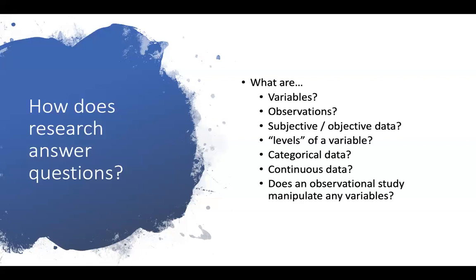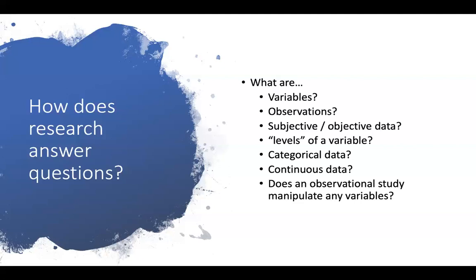That's a manipulated variable. In other words, the researcher, the person who's doing the study, is manipulating the variable. It's changing the variable from one group to another. So an observational study won't ever have a manipulated variable because all you're doing is observing. Now, if you do manipulate the variable, it's no longer an observational study. What you're doing is something more like an experiment because you are changing the variable from one group to another.